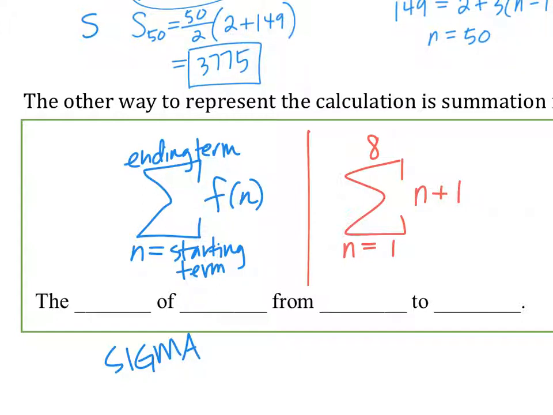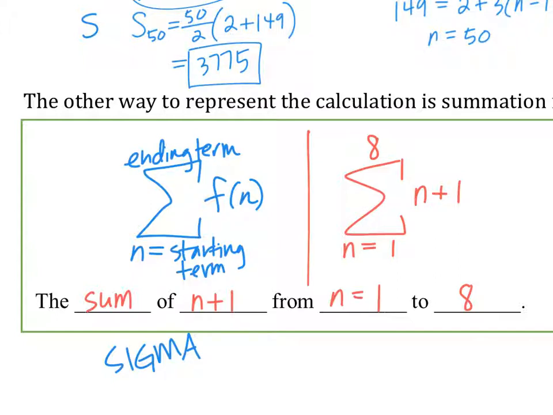The way you read it is the sum of n plus 1, from n equals 1 to 8. Again, this sigma means sum. The sum of the function from n equals 1 to 8. The bottom is where you start, and the top is where you end.